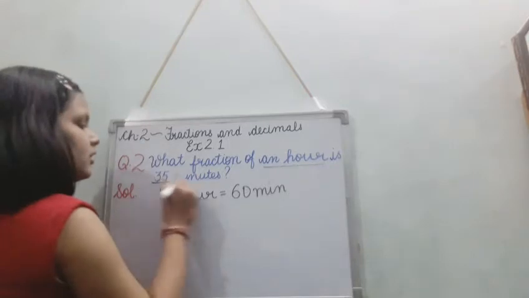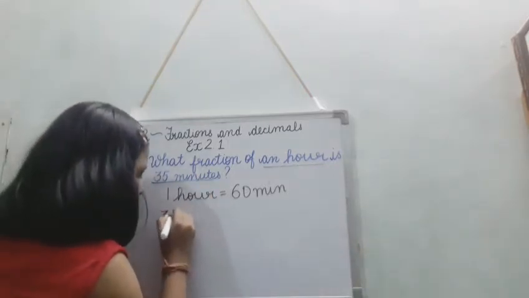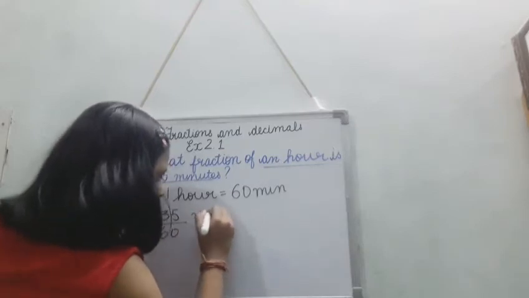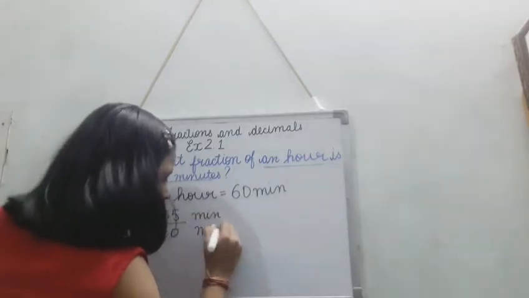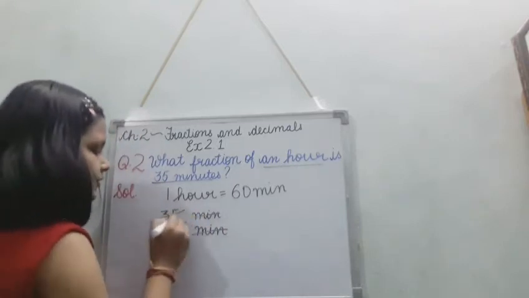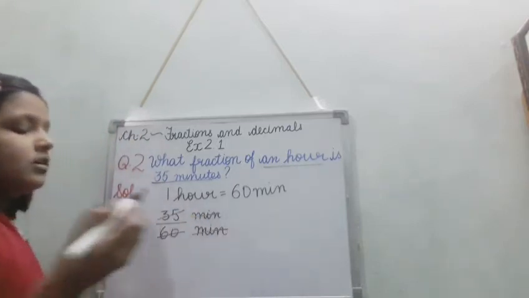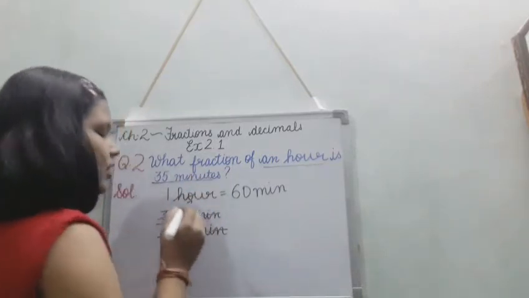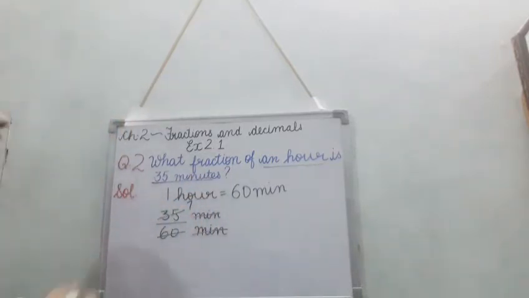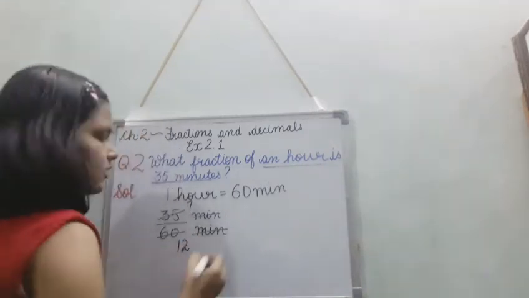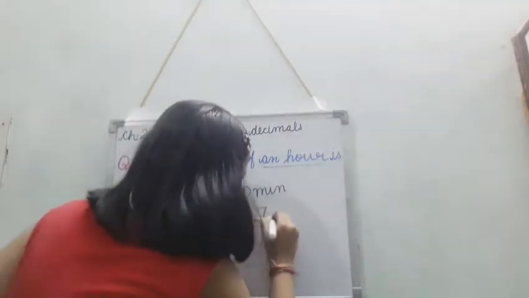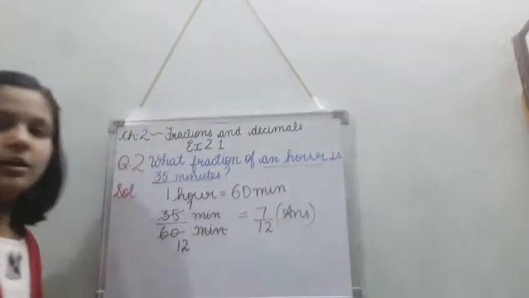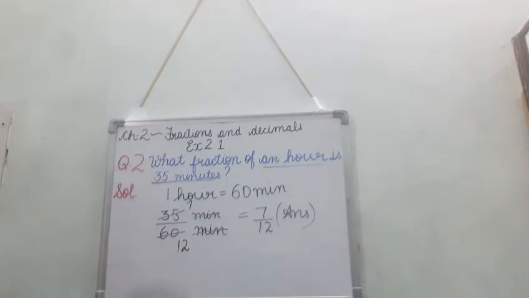That is, it will be 35 upon 60, and minute will be cut out, and then 35 and 60 will be divided by 5. That is 5 sevens are 35 and 5 twelves are 60. The answer is 7 upon 12. You can pause the video and note the solution.